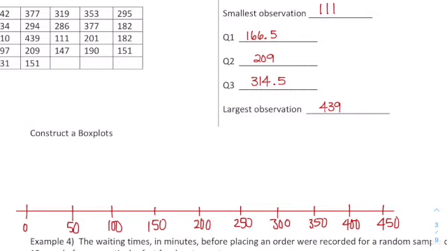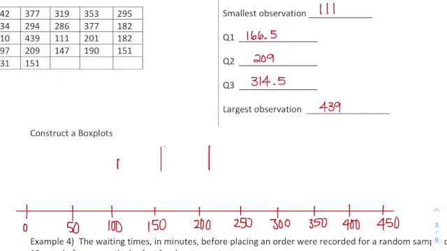So 111 is going to be right here, probably a little bit lower, a small tick mark. And 166 is going to be a little bit more than 150. So here's 166. And then 209 is going to be definitely a little bit more than 200 right there.